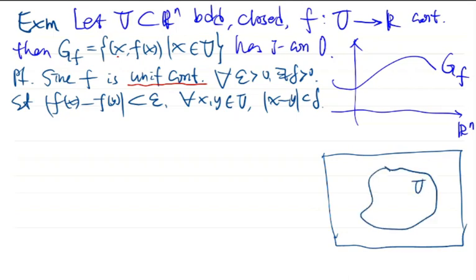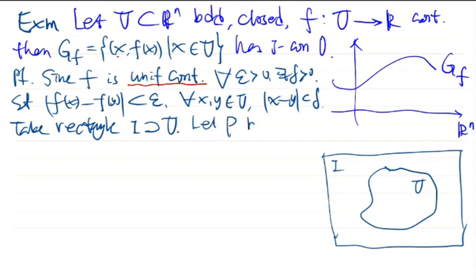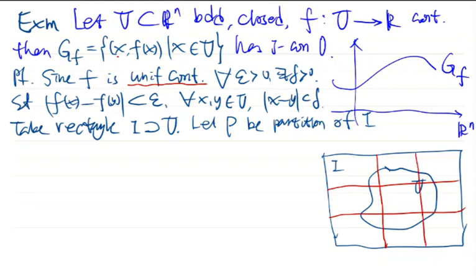This is our U. We take a rectangle I containing U, and suppose P is a partition of this rectangle I, such that the diameter of each subrectangle is less than delta.